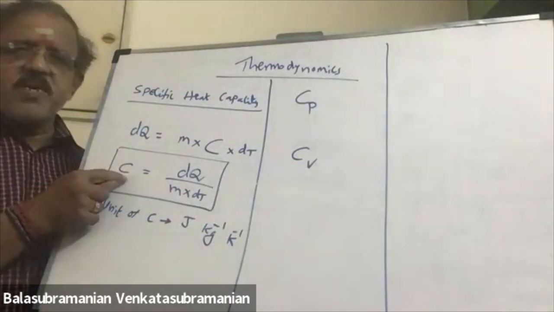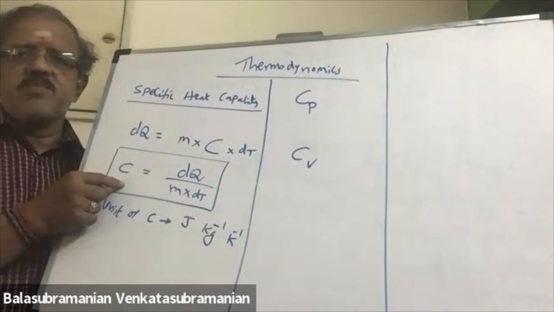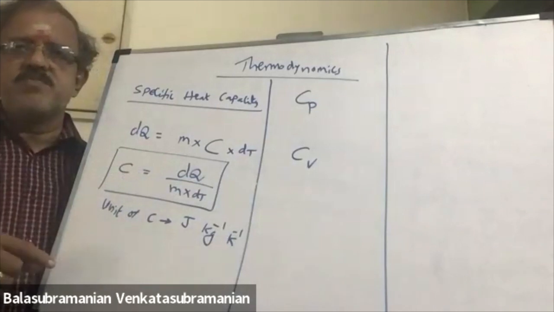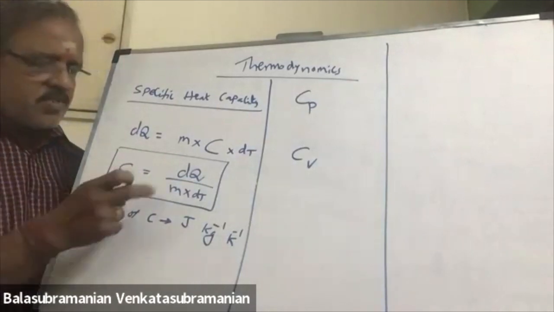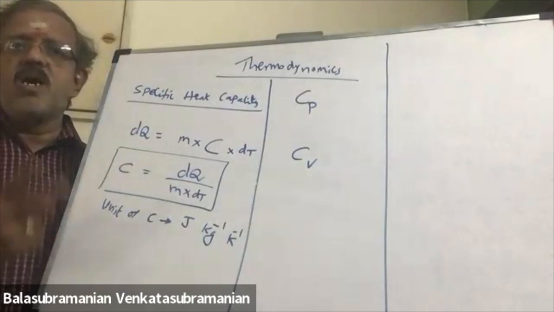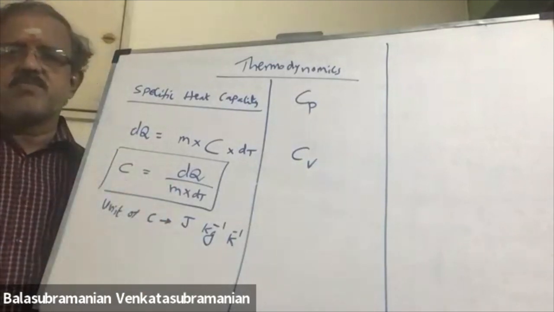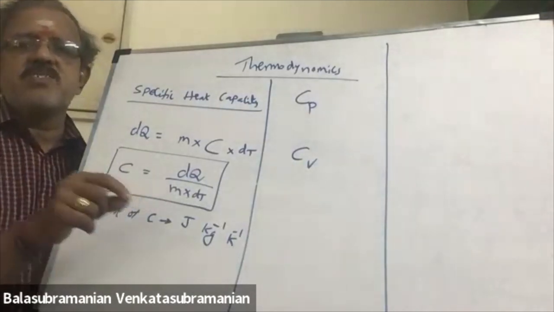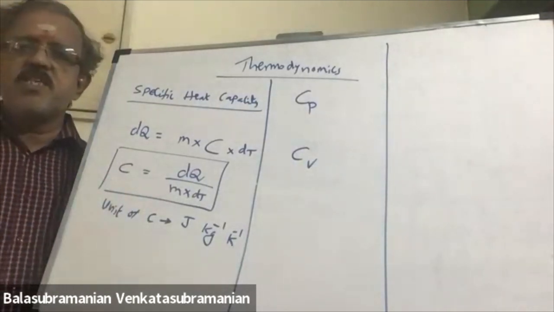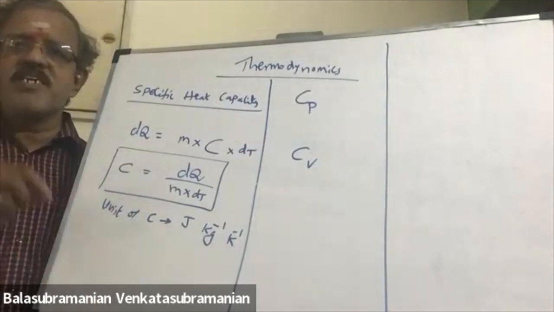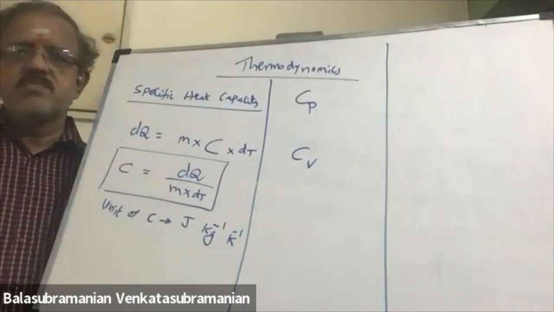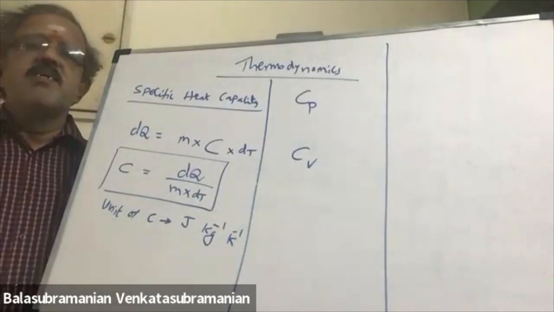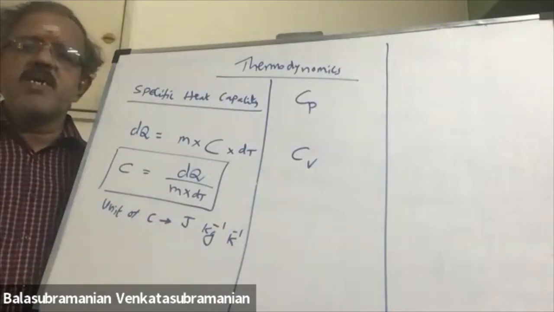So, specific heat capacity at constant pressure is numerically equal to the quantity of heat supplied for a body of mass 1 mole of a substance with unit rise in temperature. Unit rise means 1 Kelvin. 1 degree itself is difficult. You calculate for 1 degree, add 273, you can convert into Kelvin.